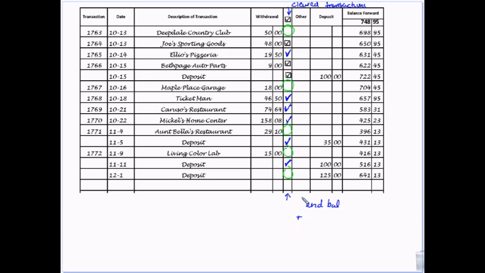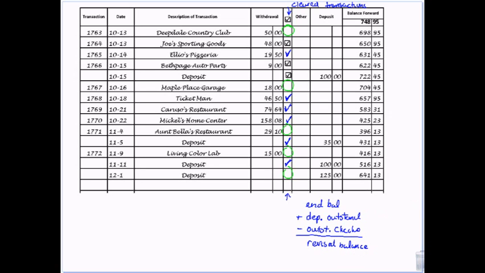We're going to add any outstanding deposits. And then we're going to subtract any outstanding checks. And that will give us the revised balance.